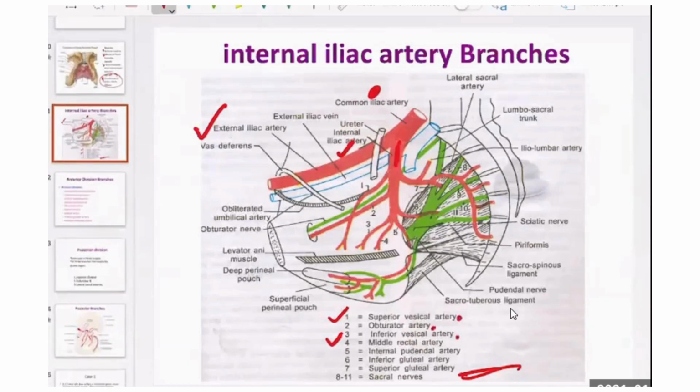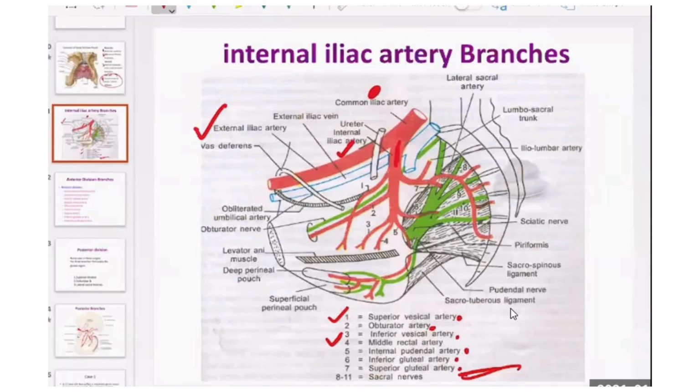Obturator artery goes to the medial compartment of the thigh. Superior gluteal and inferior gluteal go to the gluteal region for the gluteal anastomosis. Internal pudendal artery enters the pudendal canal. The pudendal canal is otherwise called Alcock's canal.